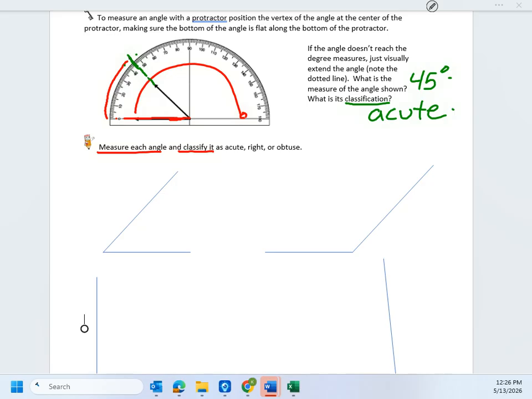Yep. So here's the thing. I'm seeing 48s, 50, 51, and 52. Did anybody get a different measurement than that? Okay. So when I measured it, I got 50 degrees.